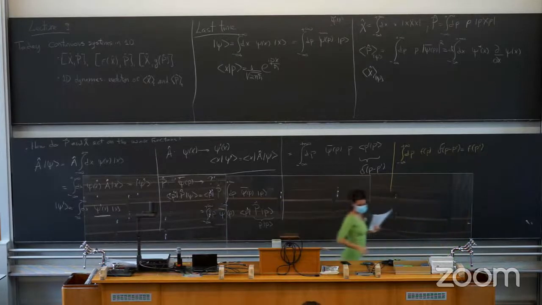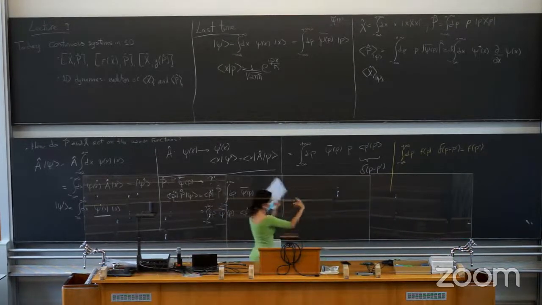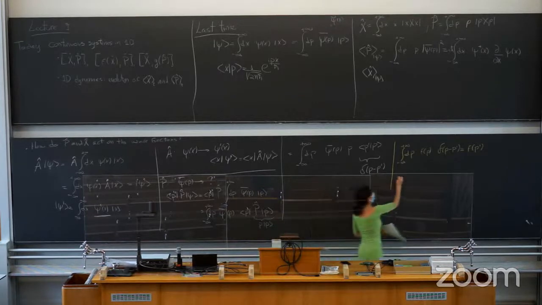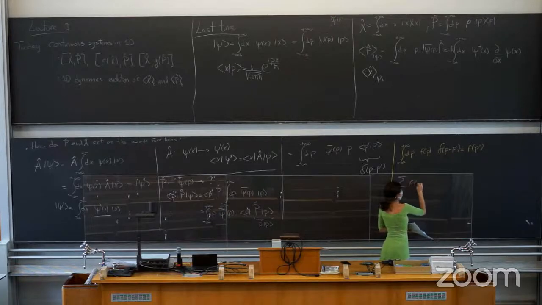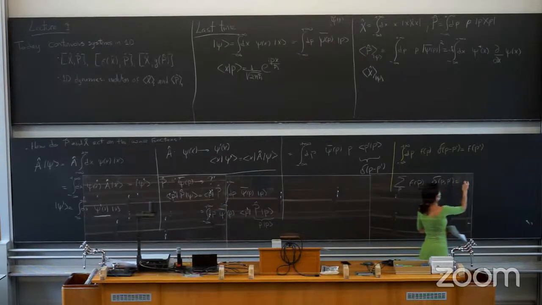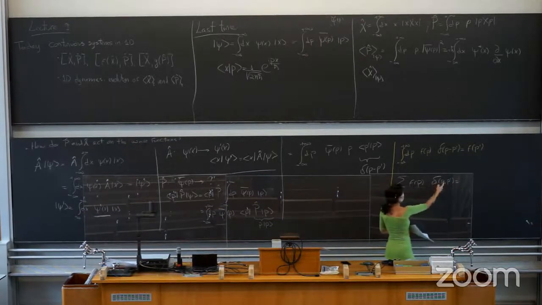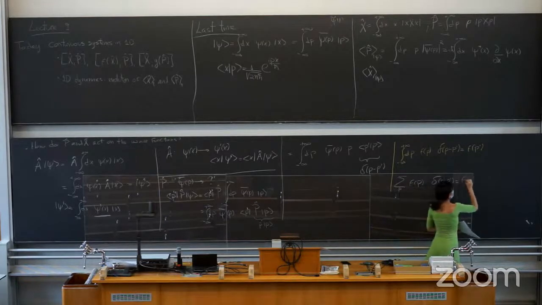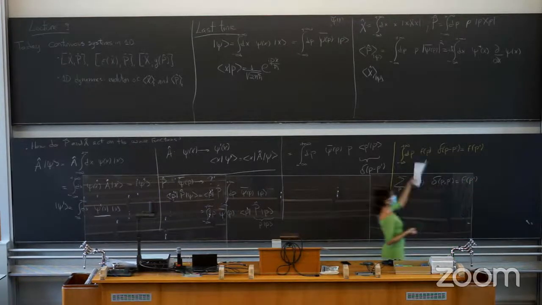And it's the generalization of the discrete case, where the sum is just one when p equals p prime. So you get rid of the sum, and this is f of p prime, right? It's just a generalization for the continuous case.